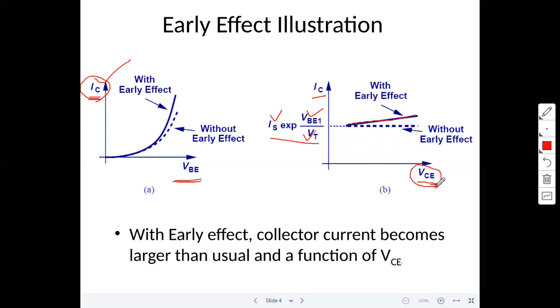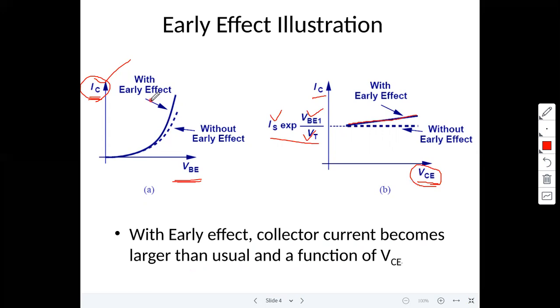How does it increase with respect to VCE? There is one expression. So with early effect, collector current becomes larger than usual and a function of VCE. Here in figure A, it is a larger IC compared to without early effect.